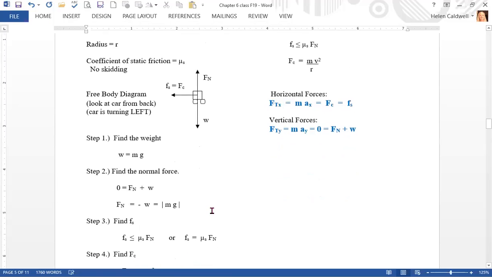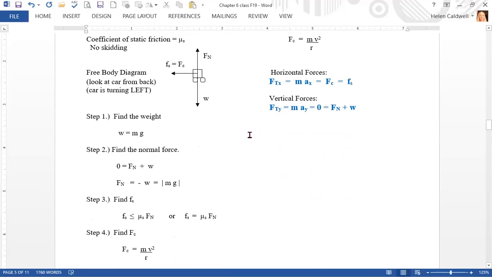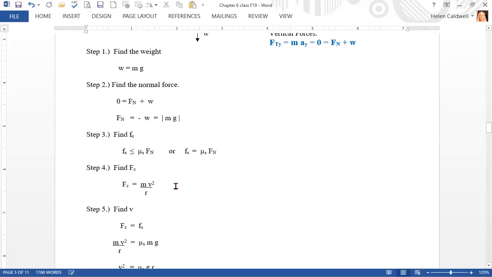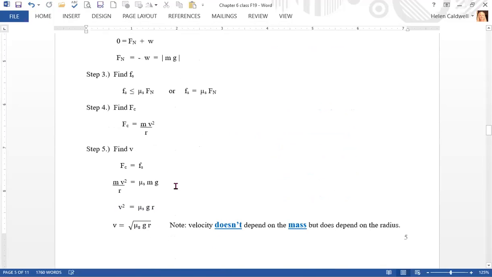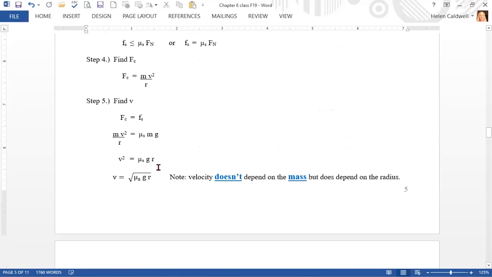All right, we have a series of steps to solve for little v. It's not really important for you to remember how it got there. We want to talk about the end result, but I did want to provide them for you. So we find the weight and then the normal force and then static friction and the centripetal force, and then we find the velocity. What is important is that we talk about the velocity.